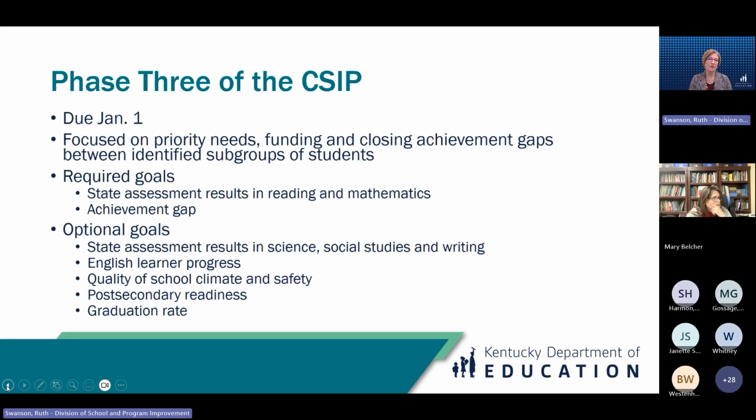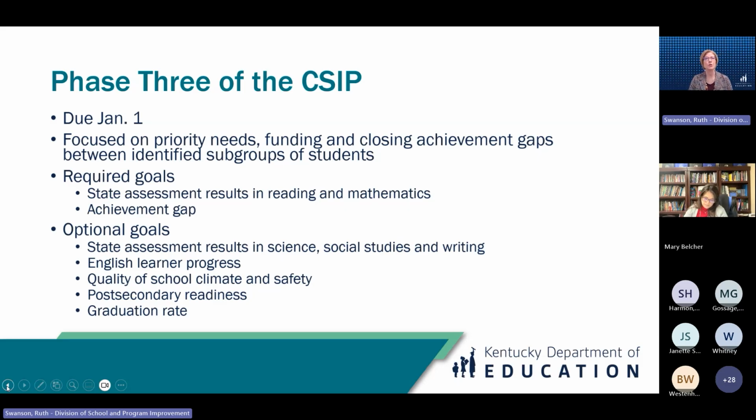The other big change, obviously, is the format of the goal building template. In the past, the format has been set out in tables, and that made it difficult, first of all, for accessibility reasons, but then also it made it difficult to print out the plan on normal 8.5 by 11 paper.